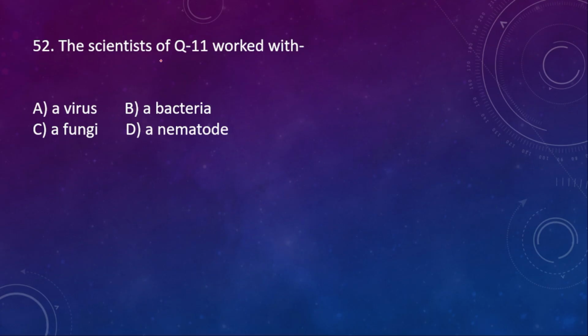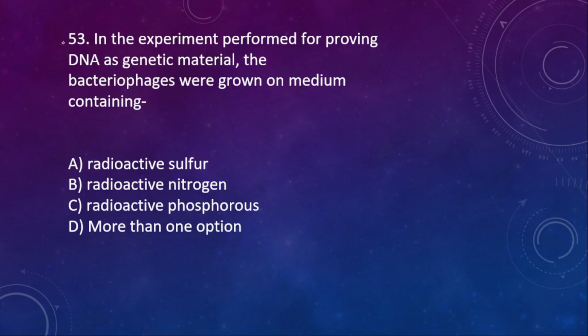Question 52. The scientists of Q11 worked with: a virus, a bacteria, a fungi, a nematode. Here the right option is option A, a virus. Here Q11 refers to the Hershey and Chase work. Okay? Next one, 53.